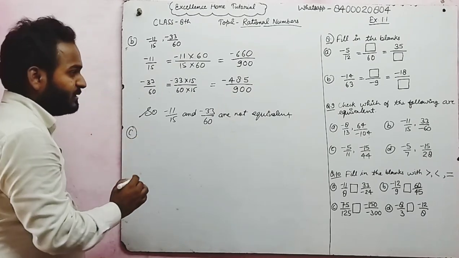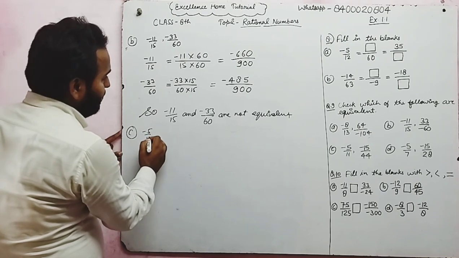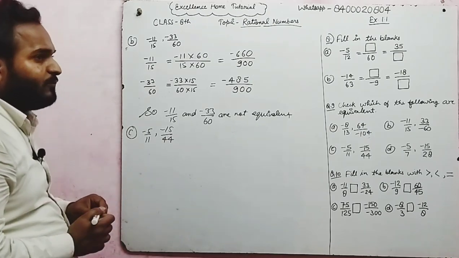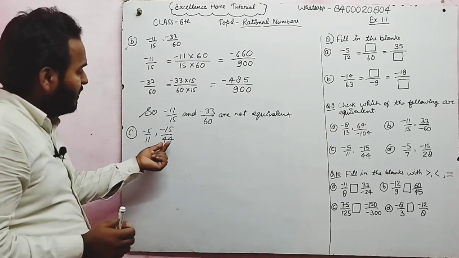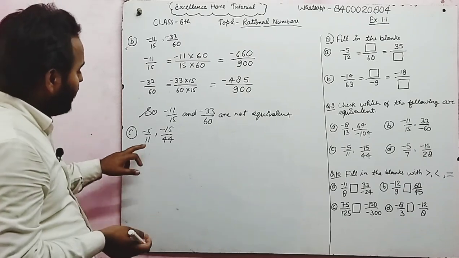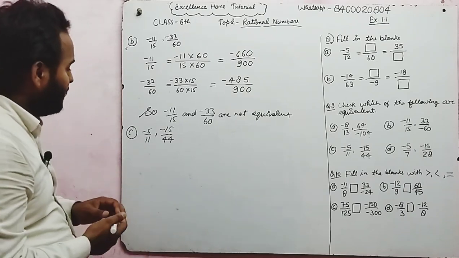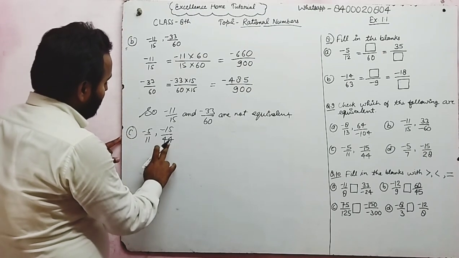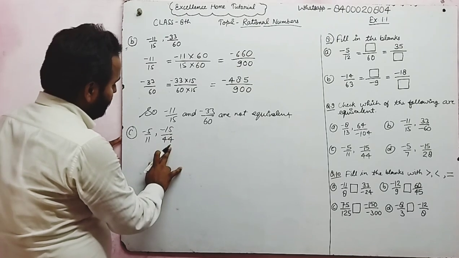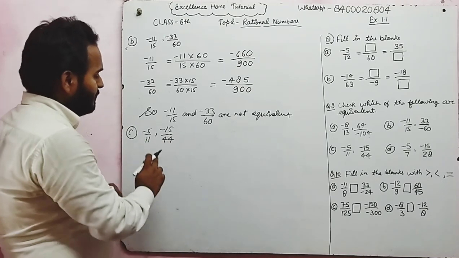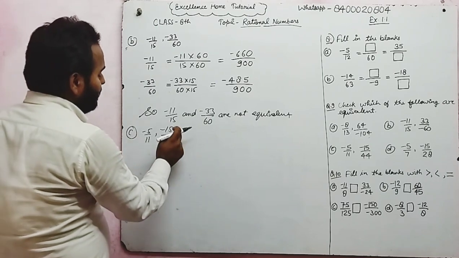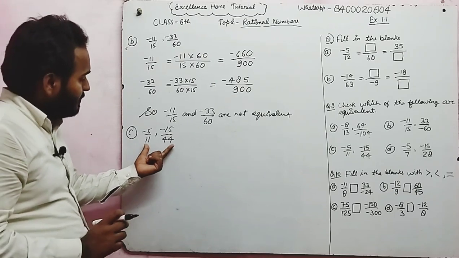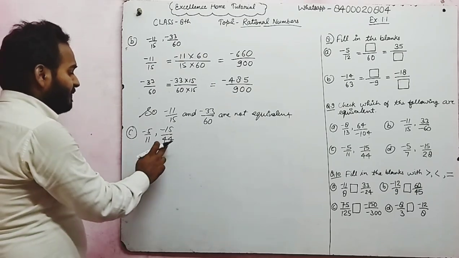So moving on, section C, that is minus 5 by 11 and minus 15 by 44. In this type of question, you have to first make the denominator positive. After that, you can make denominators equal. So here the denominator is 11 and here the denominator is 44. Another method is to take the LCM of 11 and 44.